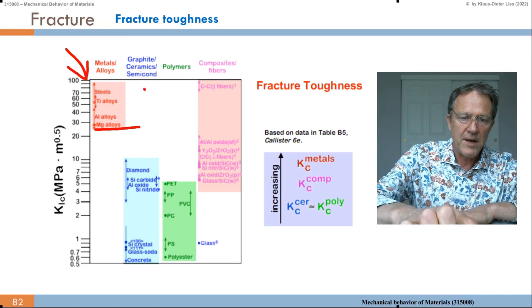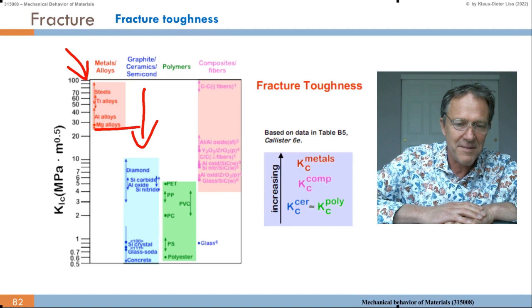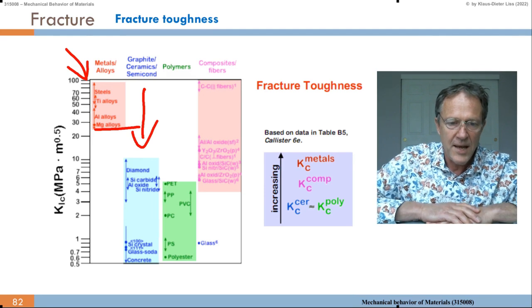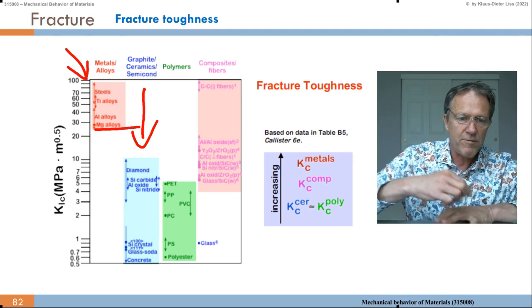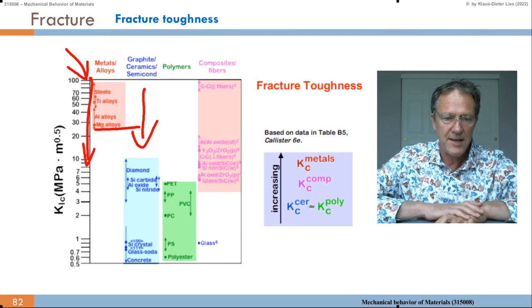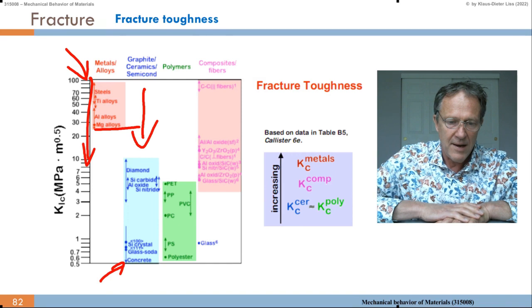We have graphite, ceramics, semiconductors, diamond, that's your favorite semiconductor, I guess, for the ladies. And they are 1 order of magnitude lower than the metals, as said already, or even 2 orders of magnitude lower, like concrete, silicon, and glass.